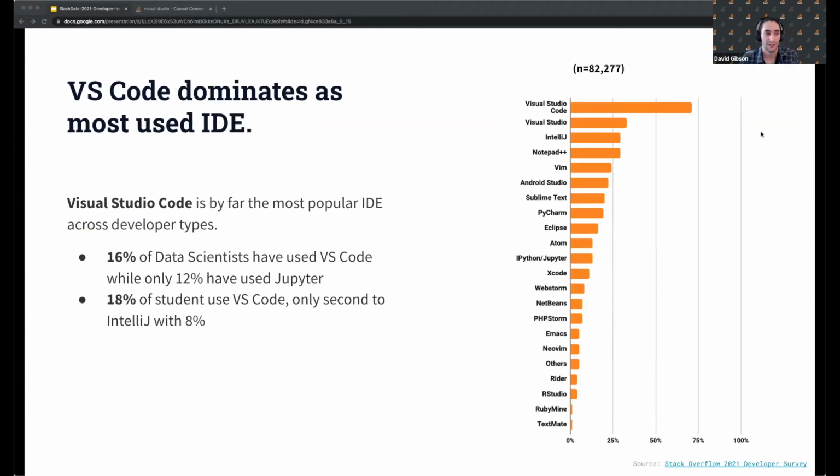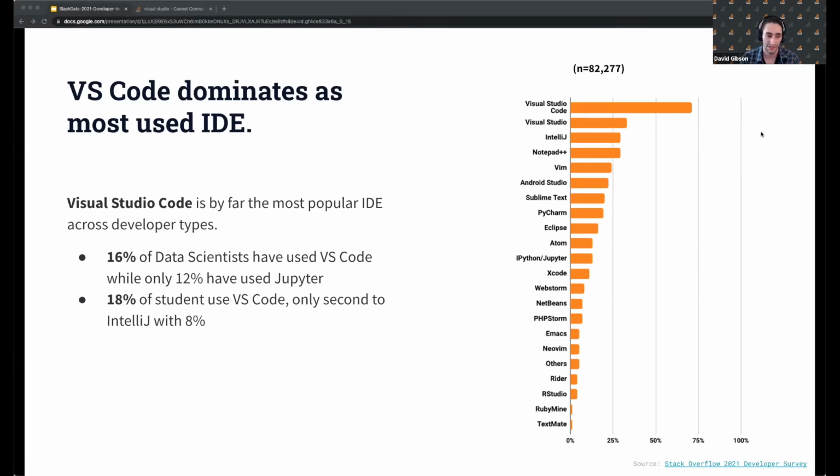One thing that was super interesting to me was which integrated development environments developers are using. So Visual Studio Code has become one of the most popular IDEs among all developers. So although there are like developer specific IDEs for like data scientists or data engineers or Python developers or front-end developers, VS Code has created a product that appeals to all developer types.